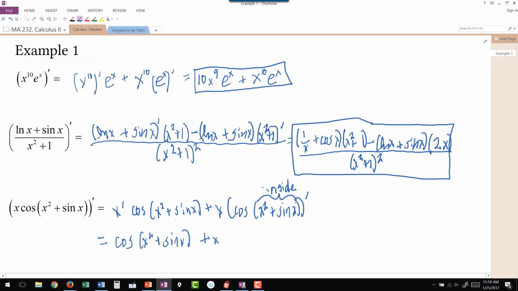So by the chain rule, I need to find the derivative of the outside function, which is minus sine, evaluated at the inside function, all times the derivative of the inside function. So the derivative of x squared is 2x, and the derivative of sine is cosine. So it's kind of a mess. That is something we might be able to simplify a little bit. But again, for just reviewing derivative rules, this will suffice.